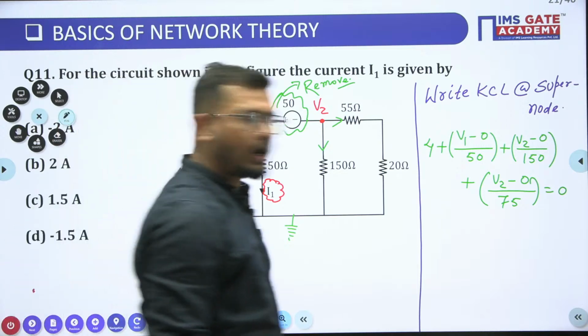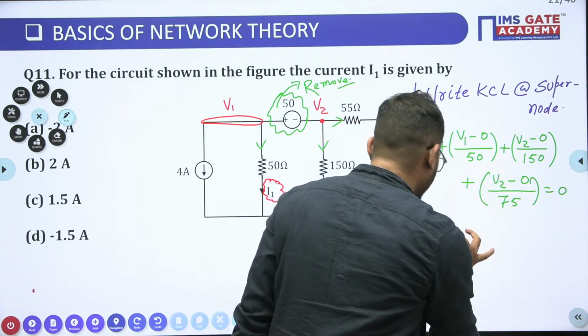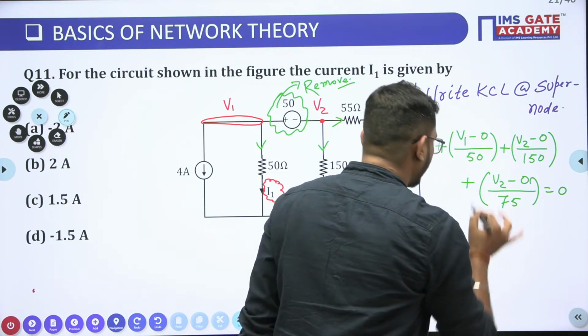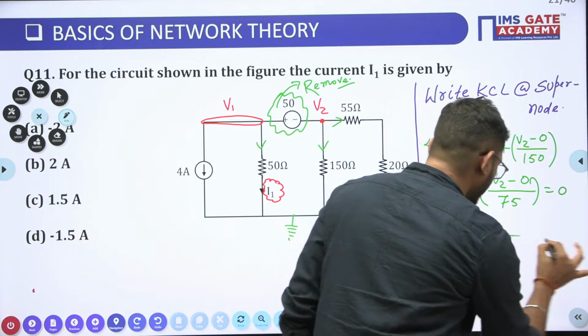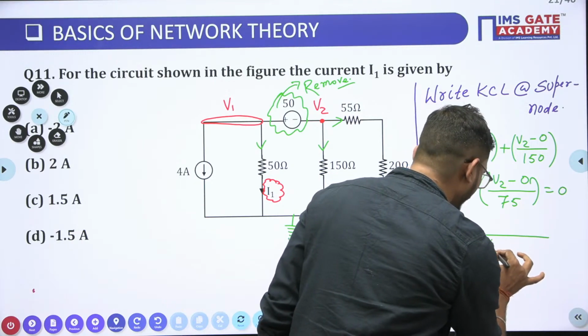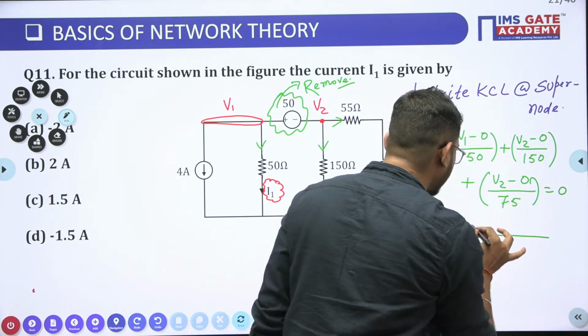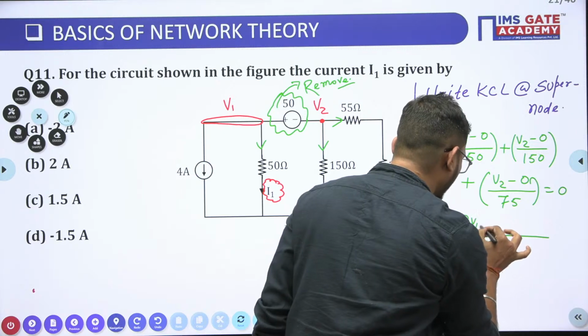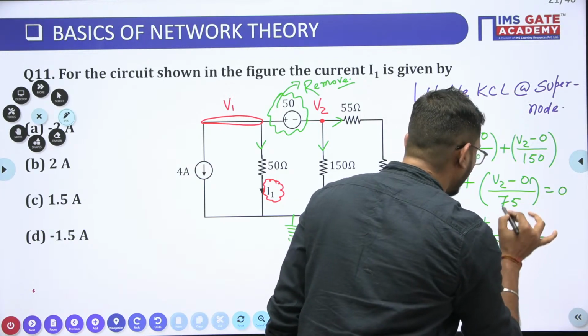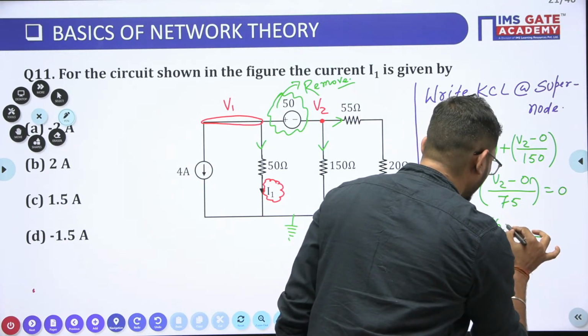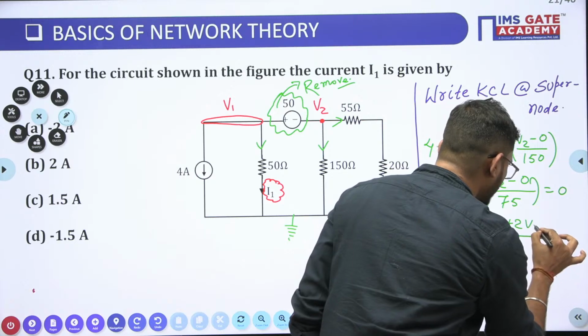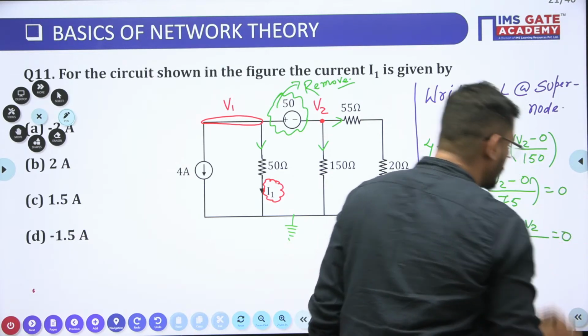So we can write 4 plus, taking the LCM which is 150, 3 times V1 plus V2 plus 2 times V2, and this is equal to 0.